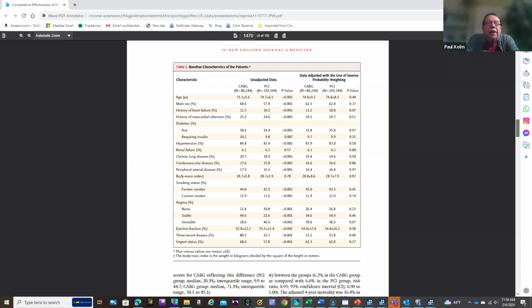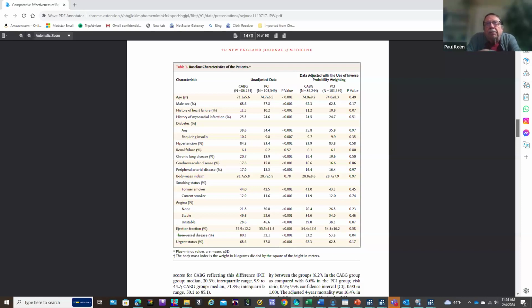So you can see that in the unadjusted data, actually almost all of the clinical and demographic variables here are statistically different, although because of the large number here, some of these differences are quite small.